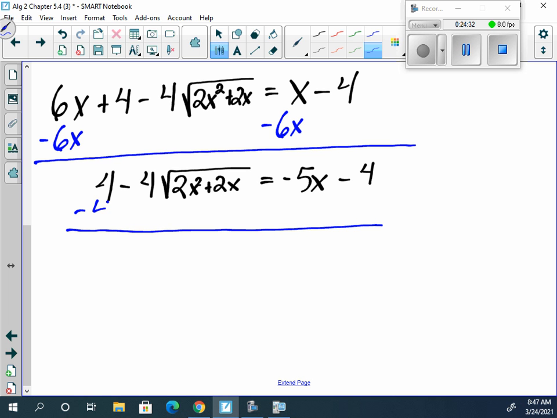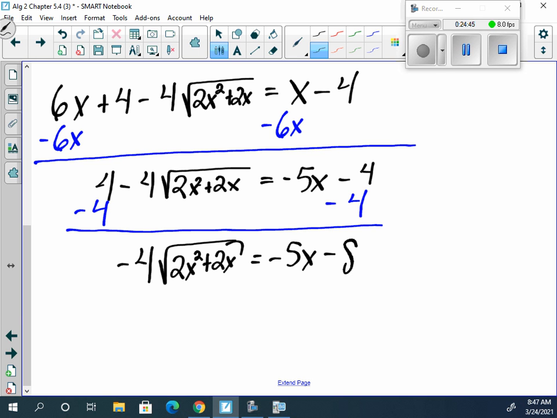We can also subtract 4 from both sides. Okay, so we have the radical by itself. I mean, we could divide everything by negative 4, but I don't want to do that because of the 5x. Because 5x and 4 won't simplify to a nice whole number. It ended up being 5/4.